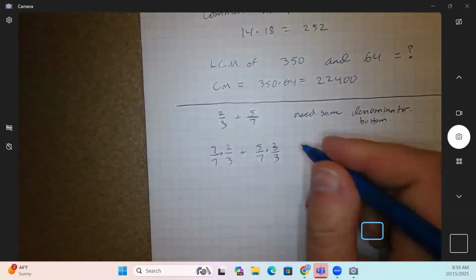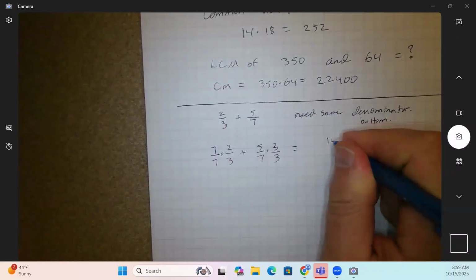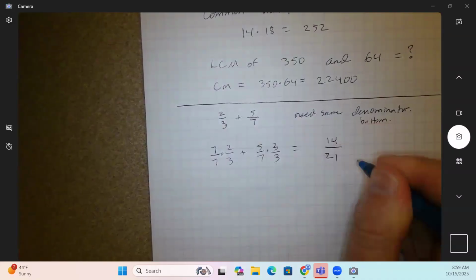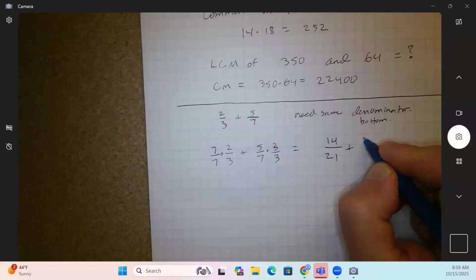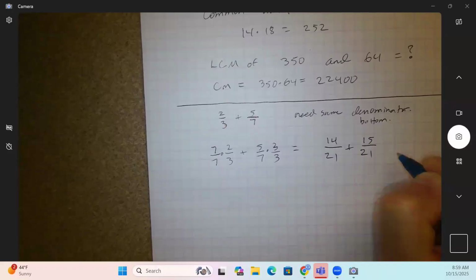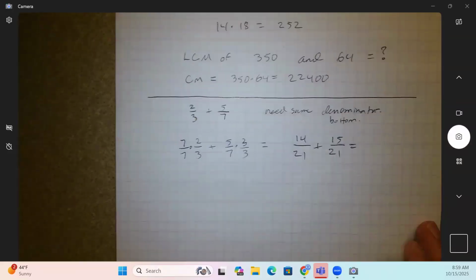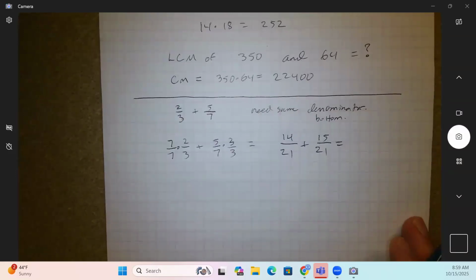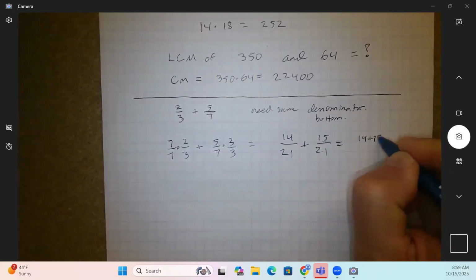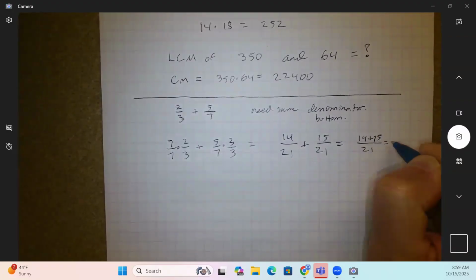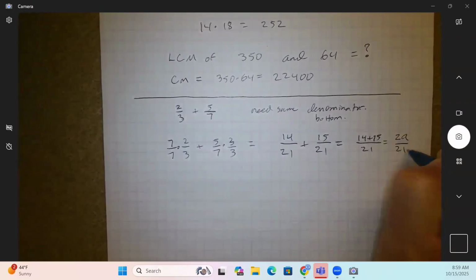But now I get 7 times 2, which is 14, on the top and 21 on the bottom, and 5 times 3, which is 15 on the top, and also 21 on the bottom. And now I can add these fractions. 14 plus 15 is 29, over 21.